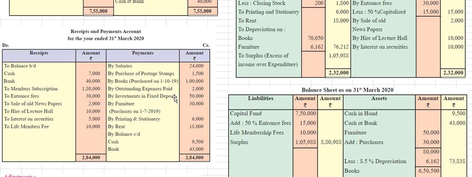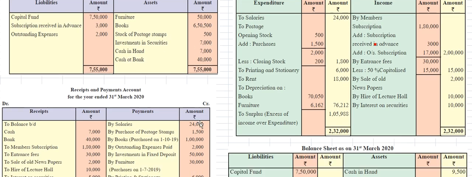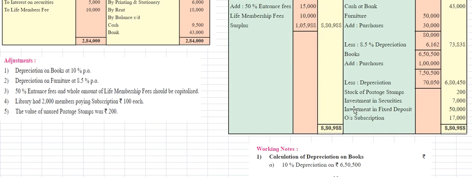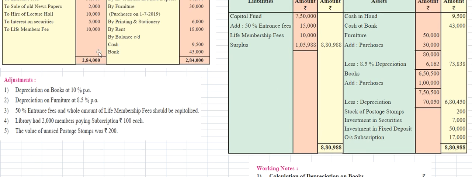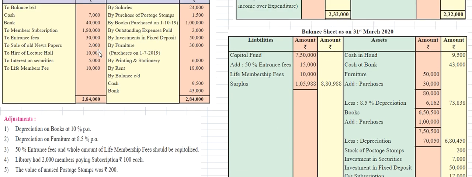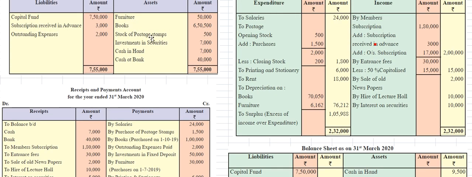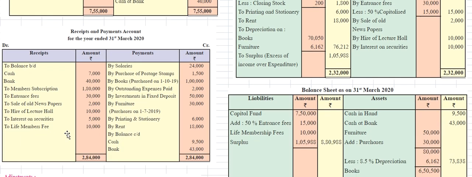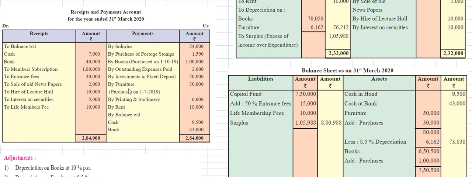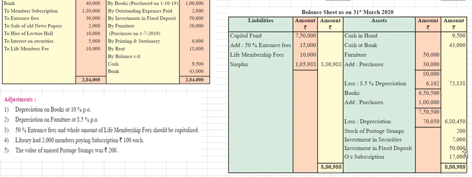Investment in securities amount is 7,000 rupees. So taken here 7,000 rupees. Investment in fixed deposit amount is 50,000 rupees. So 50,000 rupees here.